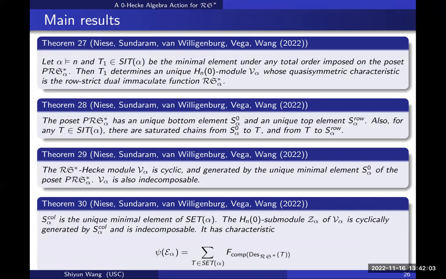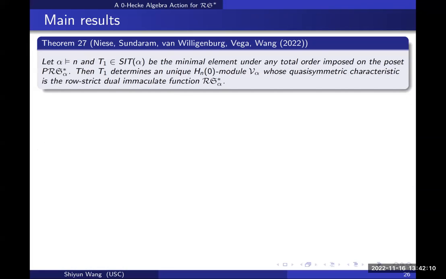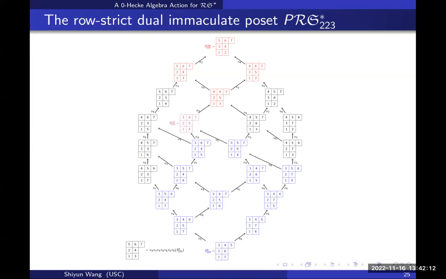Yeah, so the last theorem is saying that, oh, I forgot to mention that the same thing holds for the set of the red tableau. Again, we can prove that they are cyclic and also indecomposable, and the generator would be the bottom one.